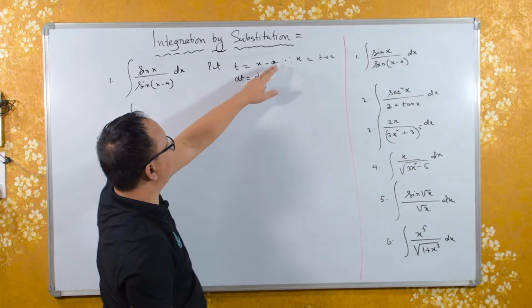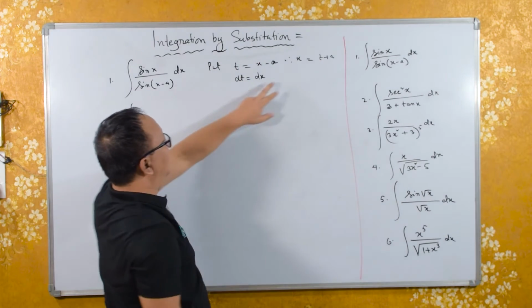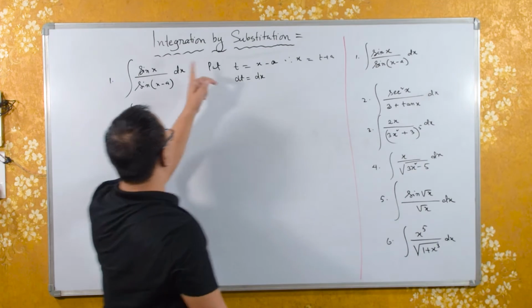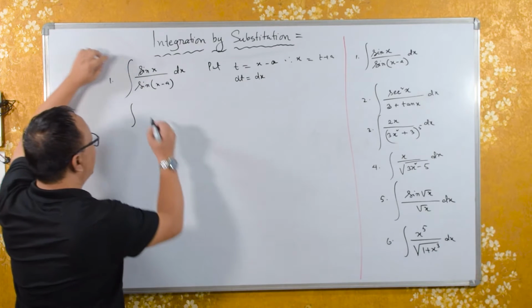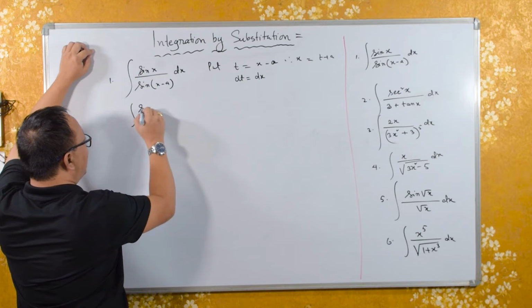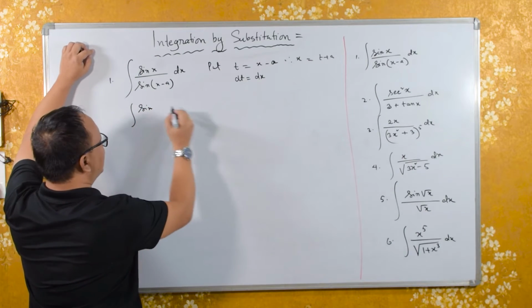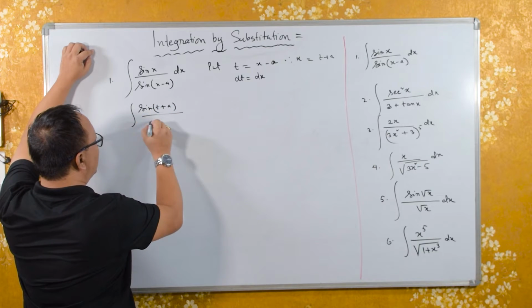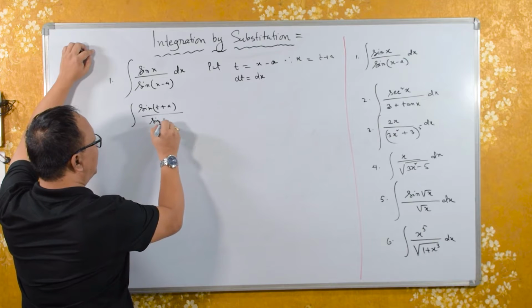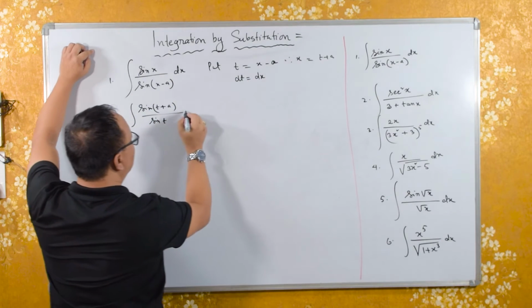From here x equals t plus a, and dt becomes dx. This dx becomes dt, and sine of x will be sine of t plus a upon sine of t, dt.